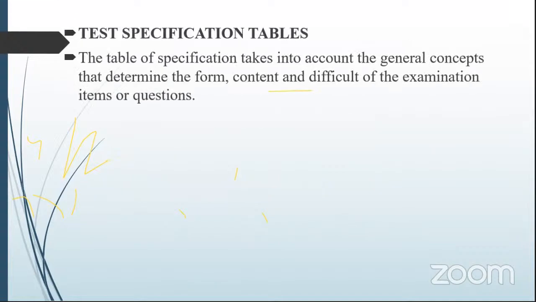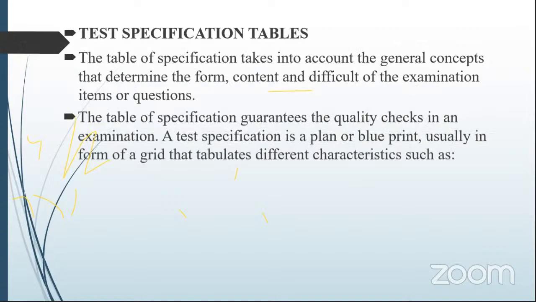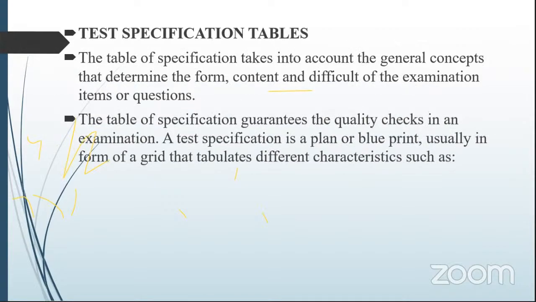We have the test specification tables. The test specification tables, we talk about the table of specification, which takes into account the general content area that would determine the form, the content, and difficulty of the examination item or questions.